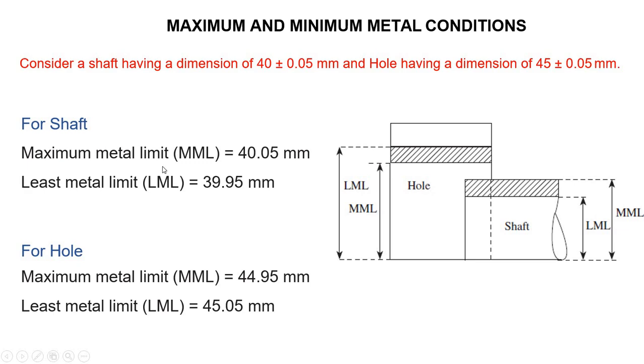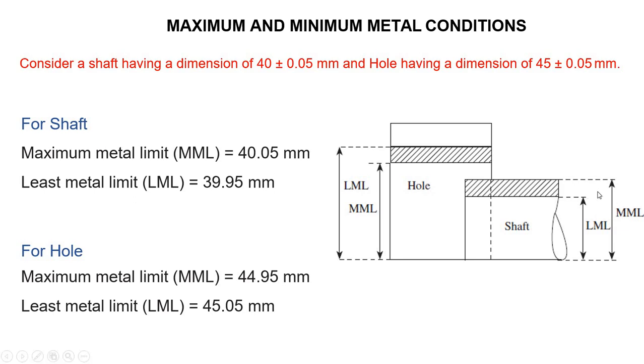For the shaft, the maximum metal condition means the shaft should have the maximum metal on it, while the least or minimum metal condition means the shaft should have the minimum metal on it.